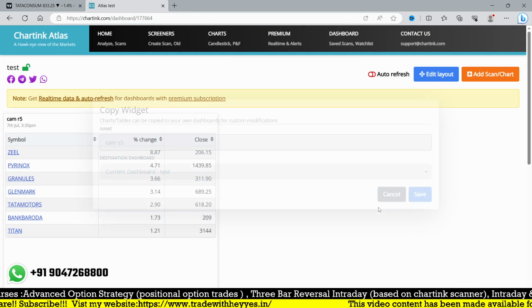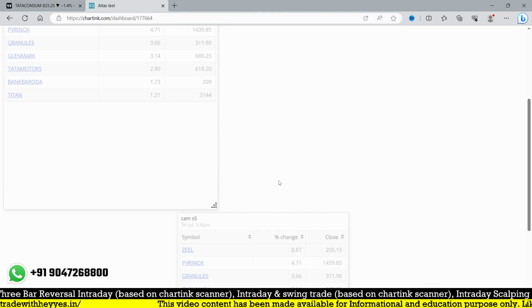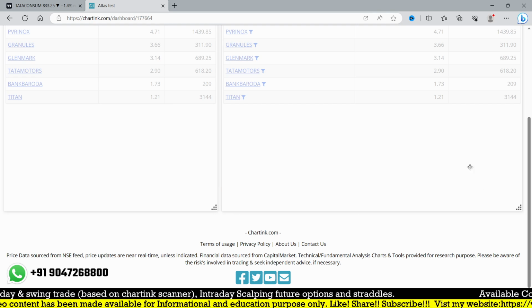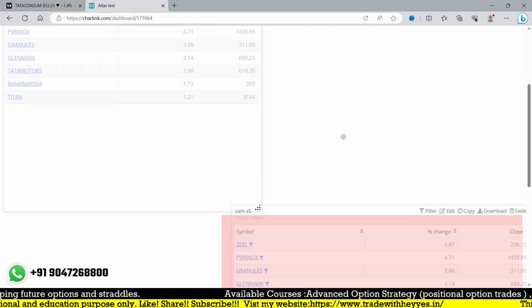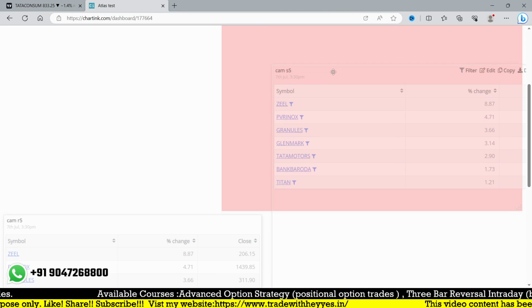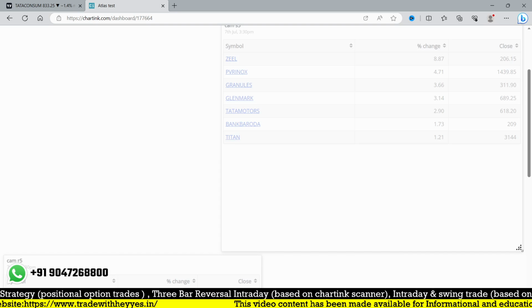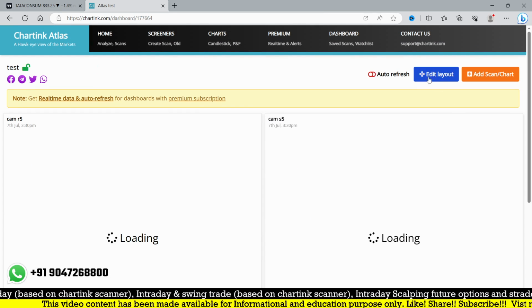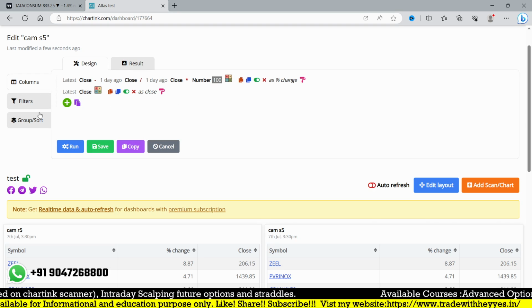I will add that scanner in this list, and I can edit it, making this one like this. Okay, so simply save the layout, Camarilla S5. Simply edit it and everything will be seen.